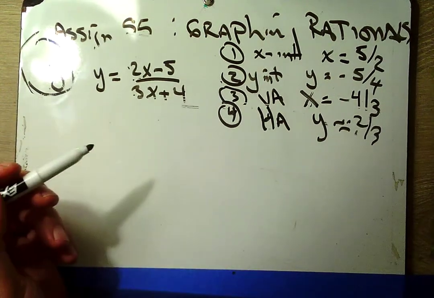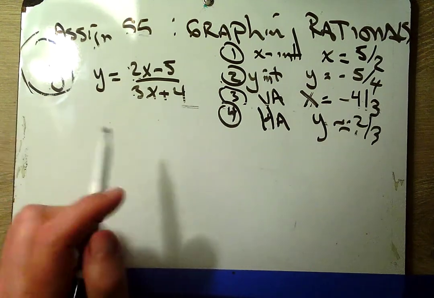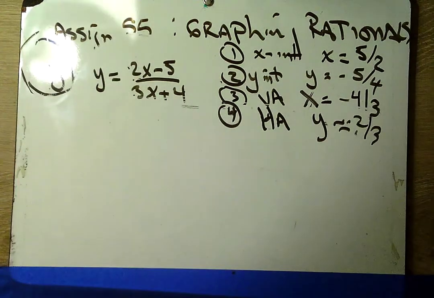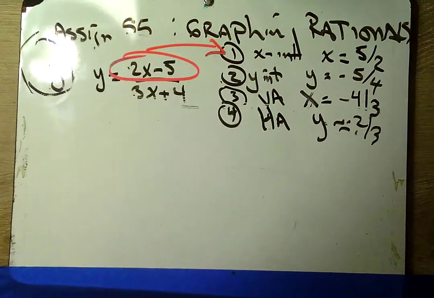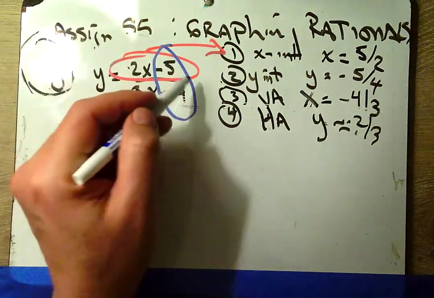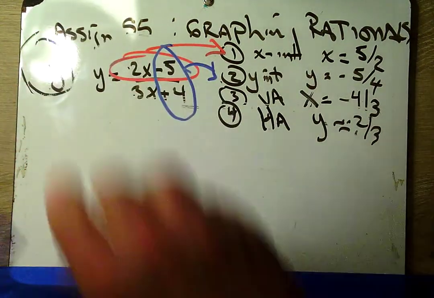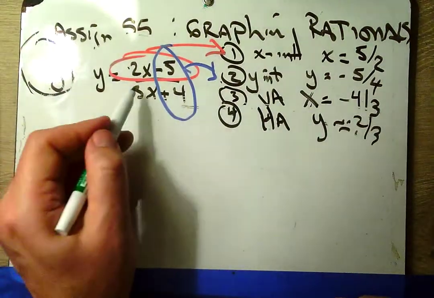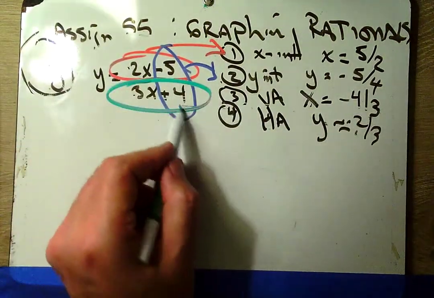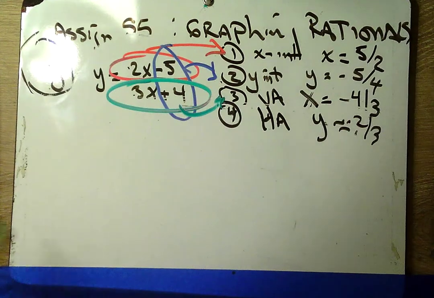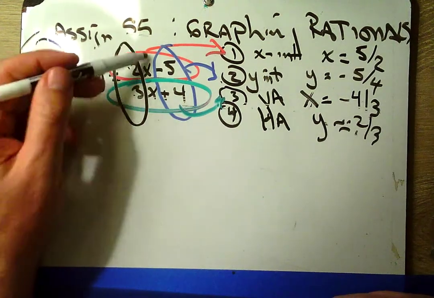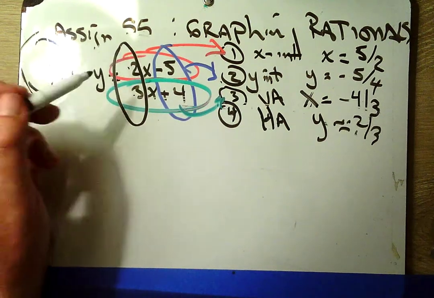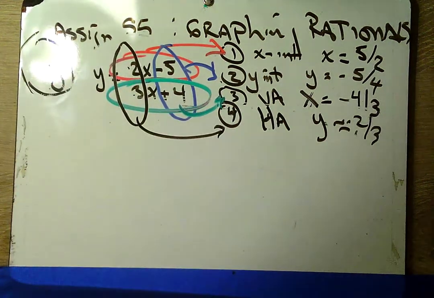Okay, so to review, we set the numerator equal to 0 to find the x-intercept. We set x equal to 0 to find the y-intercept. We set the denominator equal to 0 to find the vertical asymptote, and we looked at the degrees and leading coefficients to help us find horizontal asymptotes.